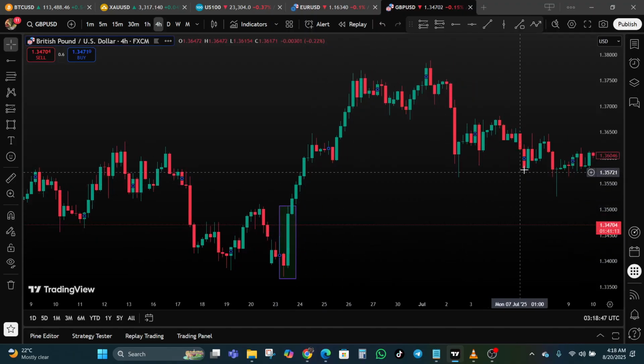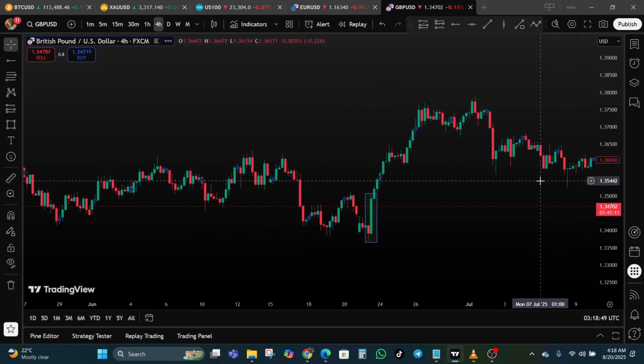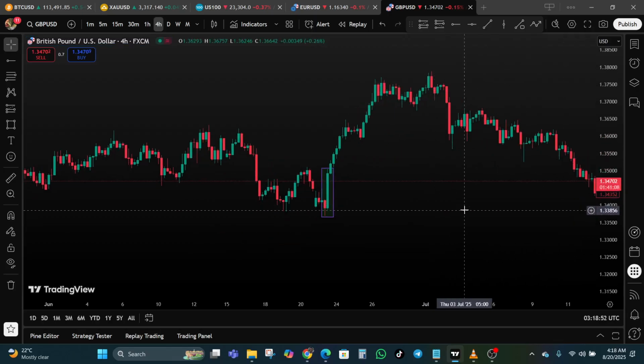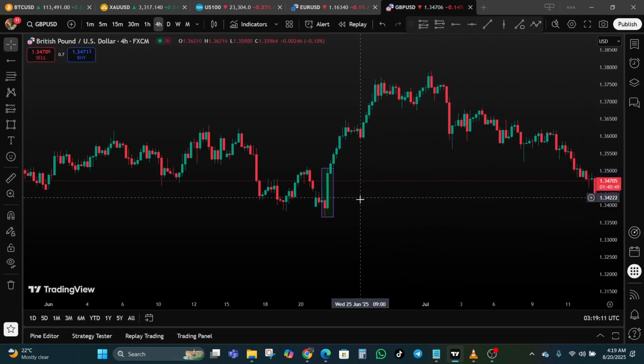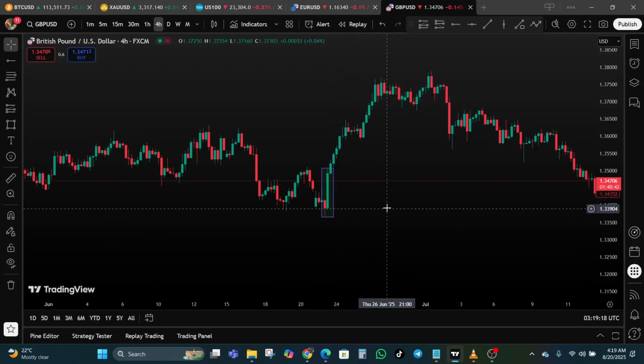All right, now why are liquidity voids important? The answer lies in how institutional traders operate. When large players push price aggressively, they create these gaps in price action. But because so little trading actually happened in that area, the market often comes back later to rebalance and fill that void.